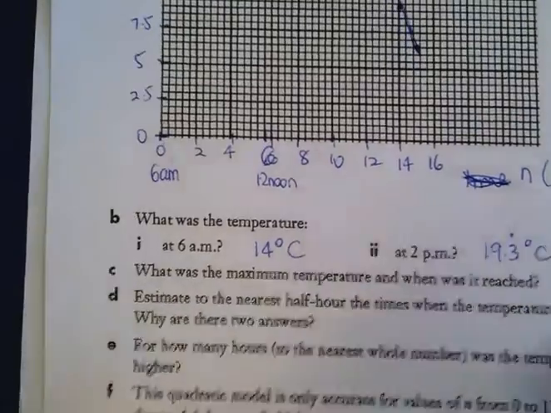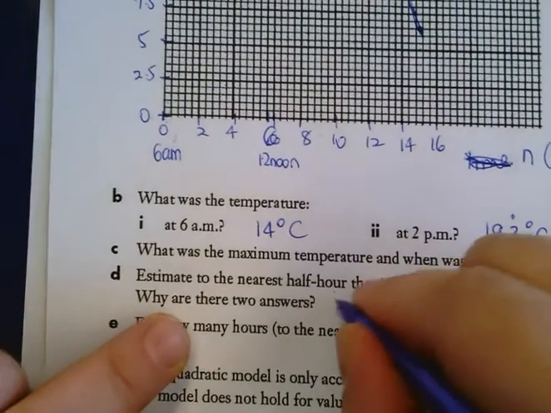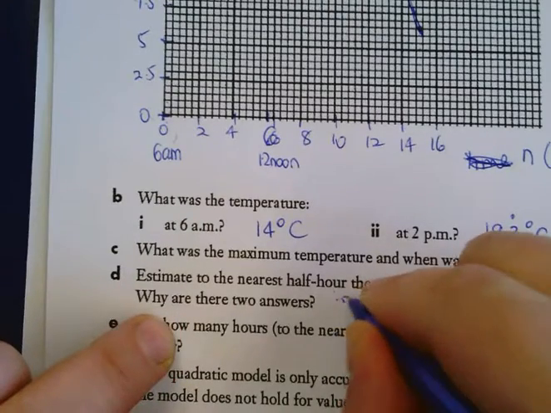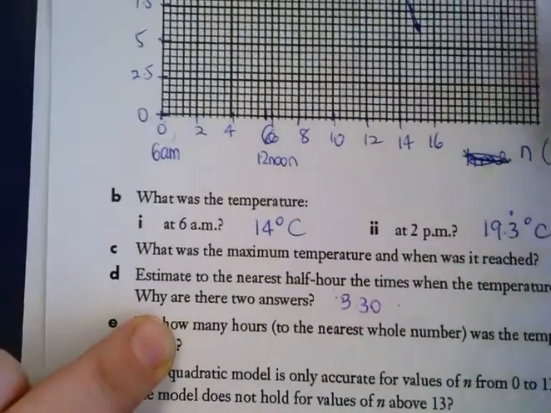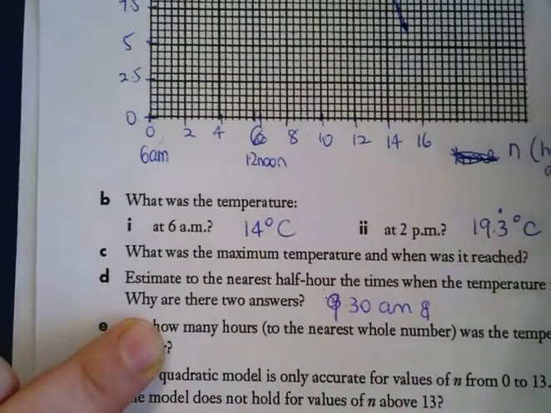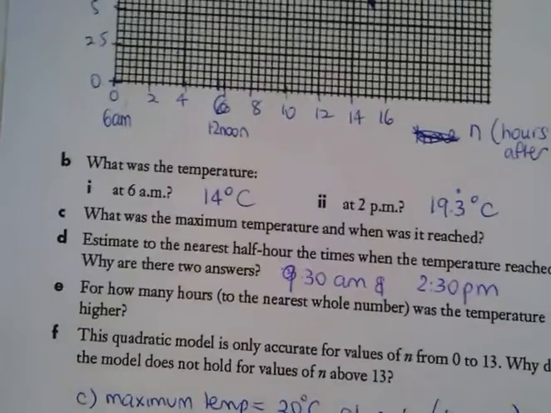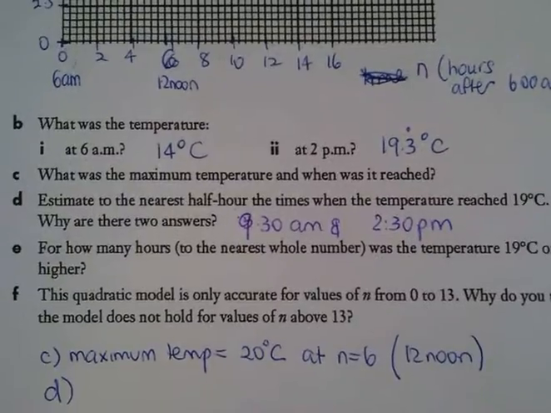We're going to say to the nearest half hour, and it's asking you for half hour times. So it was at 9:30 a.m. and 2:30 p.m.